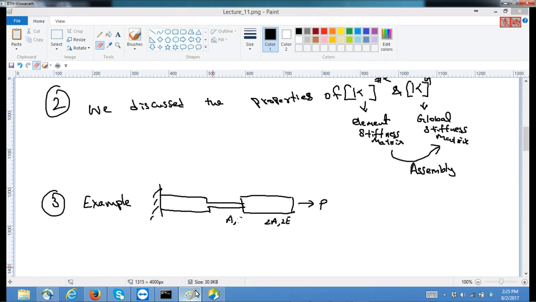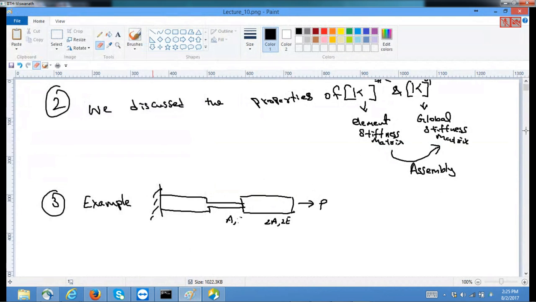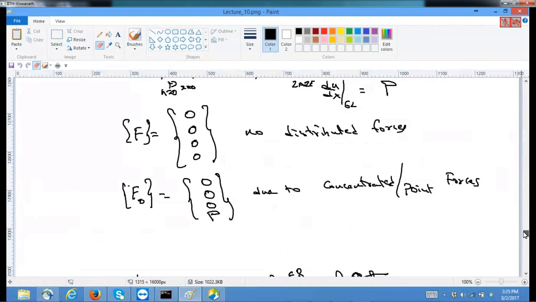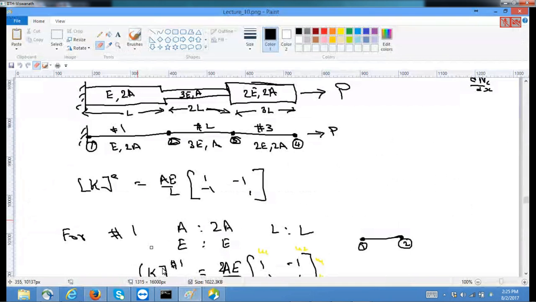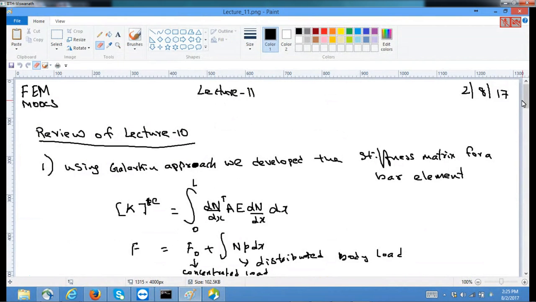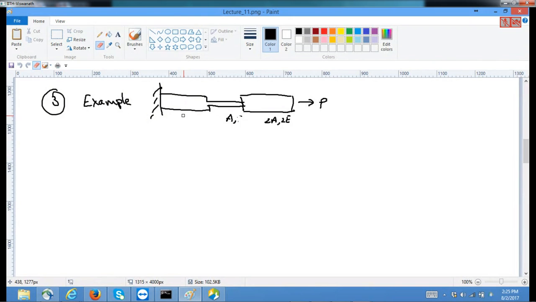Let us see from the previous class. This is E and 2A.